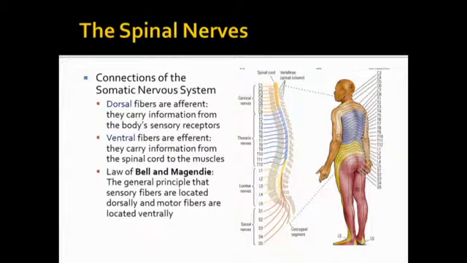This continues all the way up into the brain. We have this segmentation of sensory and motor information, where sensory information is more dorsal and motor information is more ventral. This is now called the law of Bell and Magendie. Generally speaking, in the nervous system, dorsal is sensory, ventral is motor.